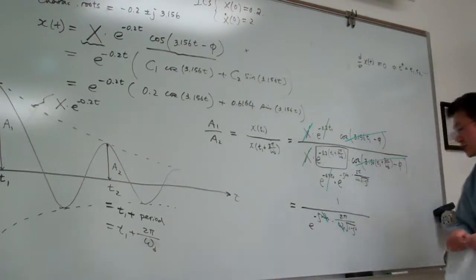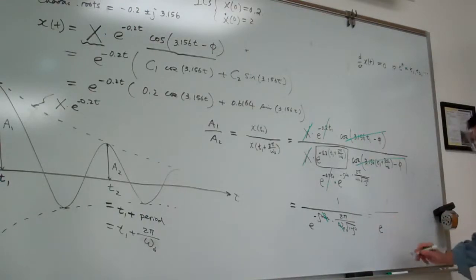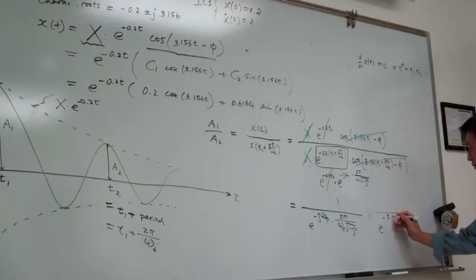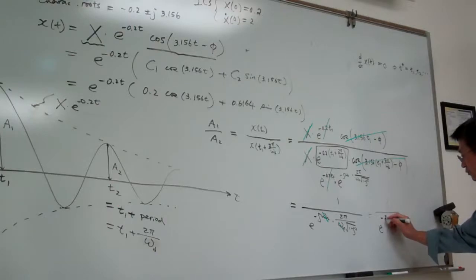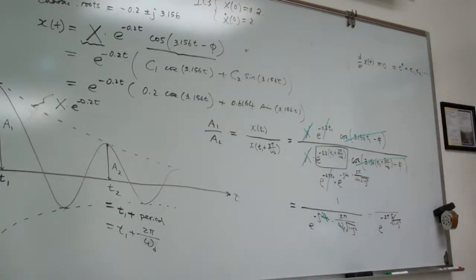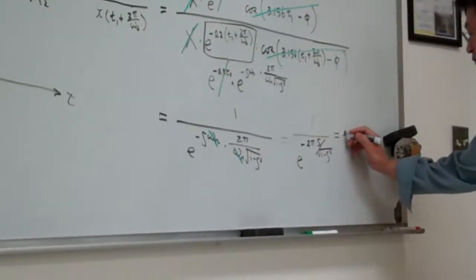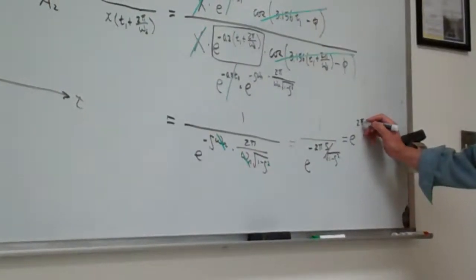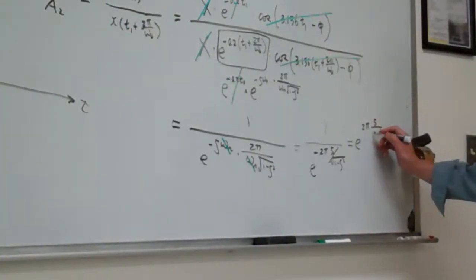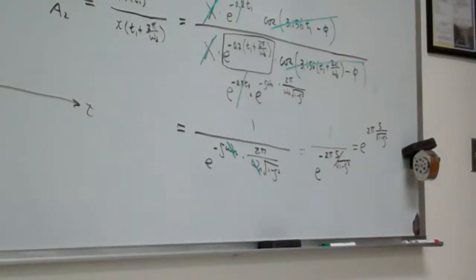So that means we have 1 over the exponent of minus 2 pi zeta divided by the square root of 1 minus zeta squared, which equals the exponent after we flip it.